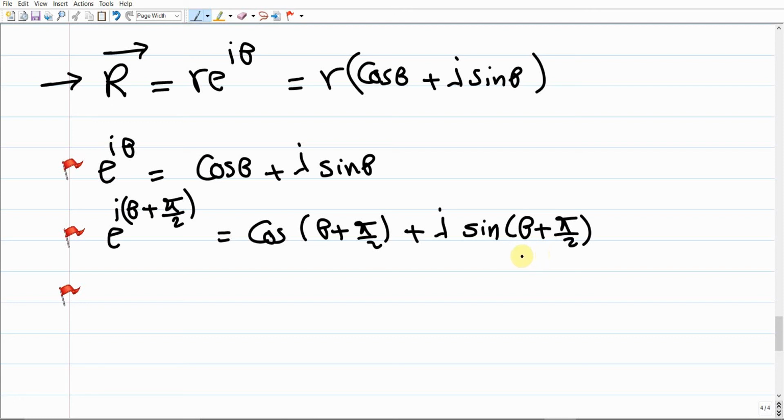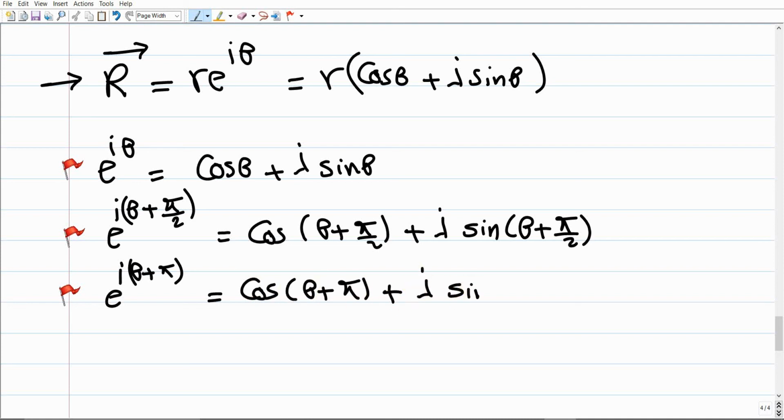Make sense? It's typically the same: you just carry on the angle, the cosine of the angle plus i sine of the angle. How about if we have e^(i (theta plus pi))? This is going to give us at the end the cosine of theta plus pi plus i sine of theta plus pi.